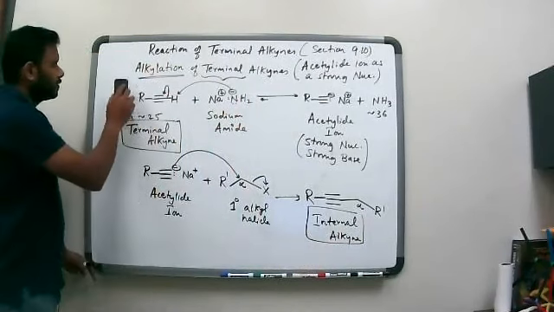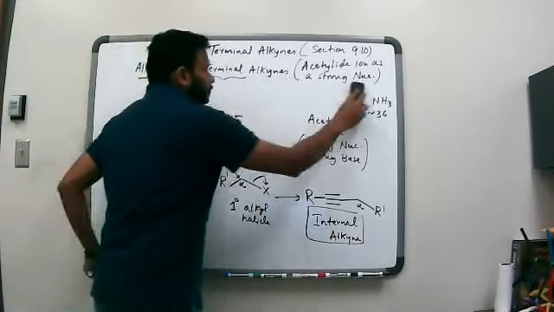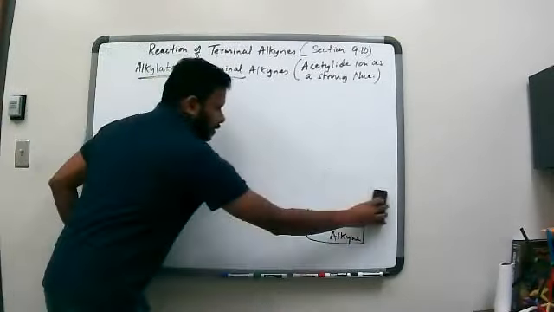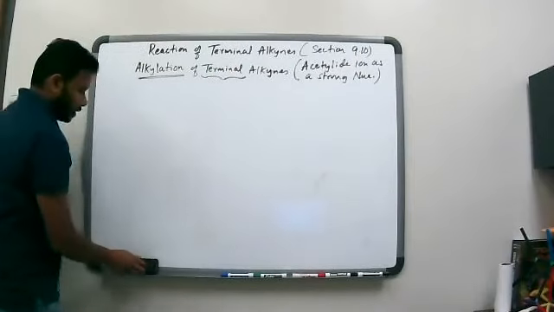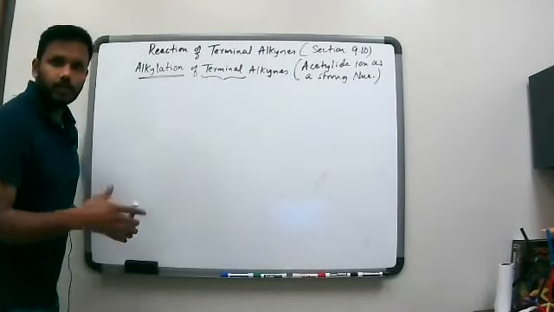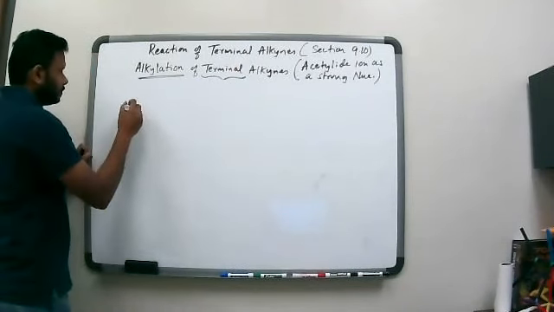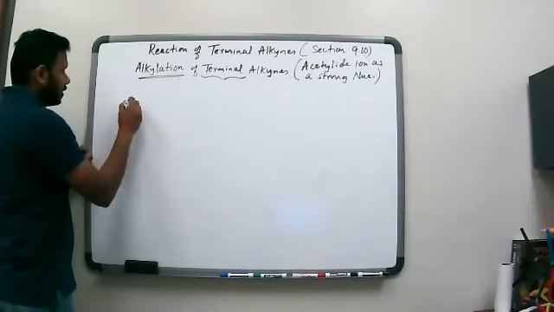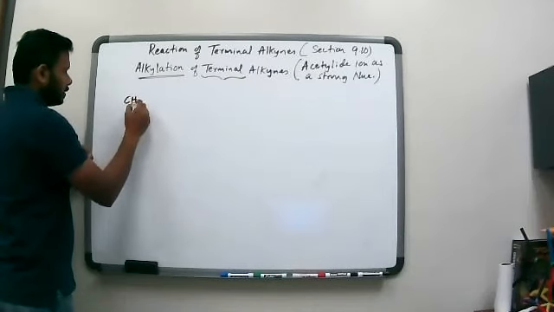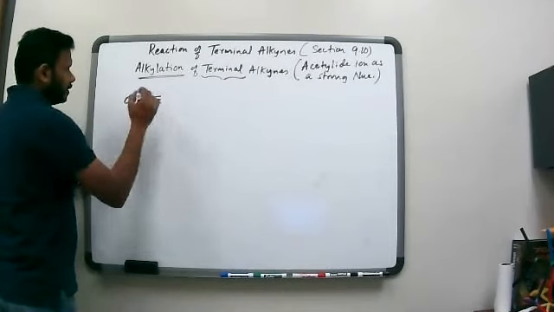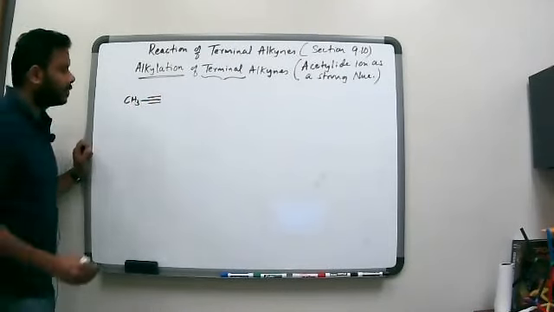So let's look at a specific example now, and we'll try to see it both forward and backward. Let's say we have an alkyne, which is CH3, that, this is the alkyne we have.